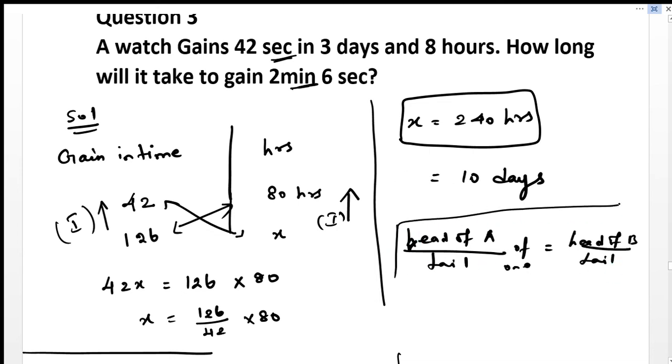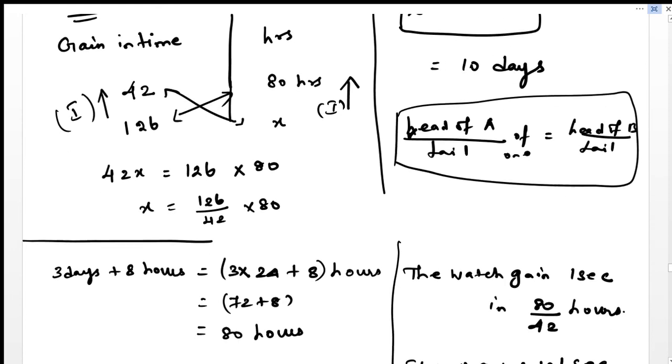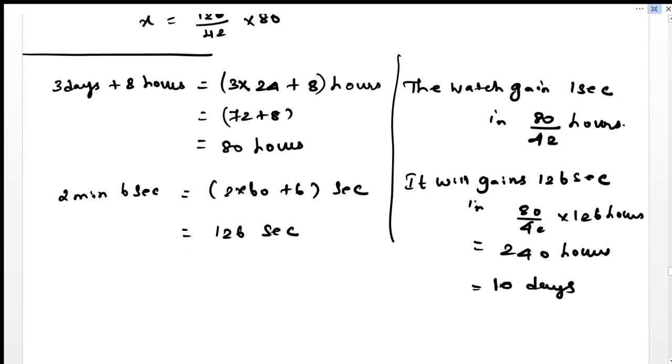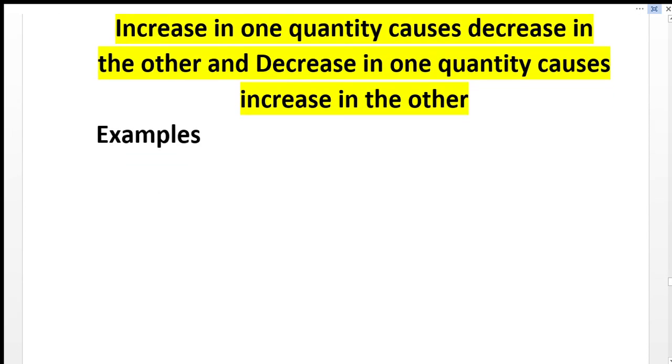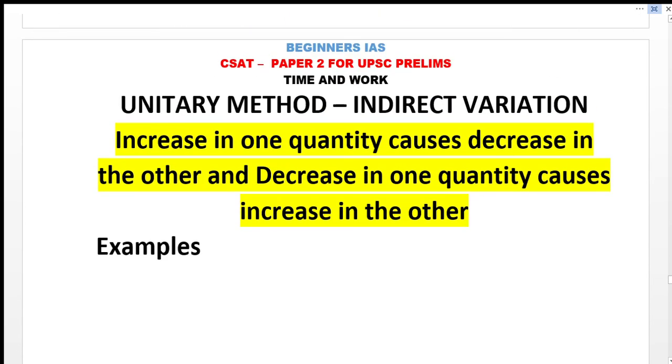Let us move on with another concept called indirect variation. What do you mean by indirect variation? An increase in one quantity causes a decrease in the other, and a decrease in one quantity automatically increases the other. That is nothing but indirect variation.